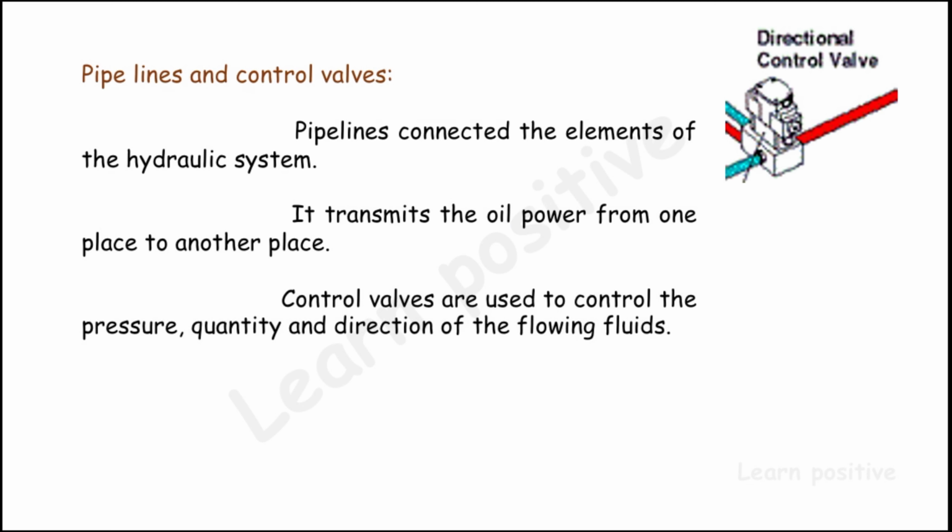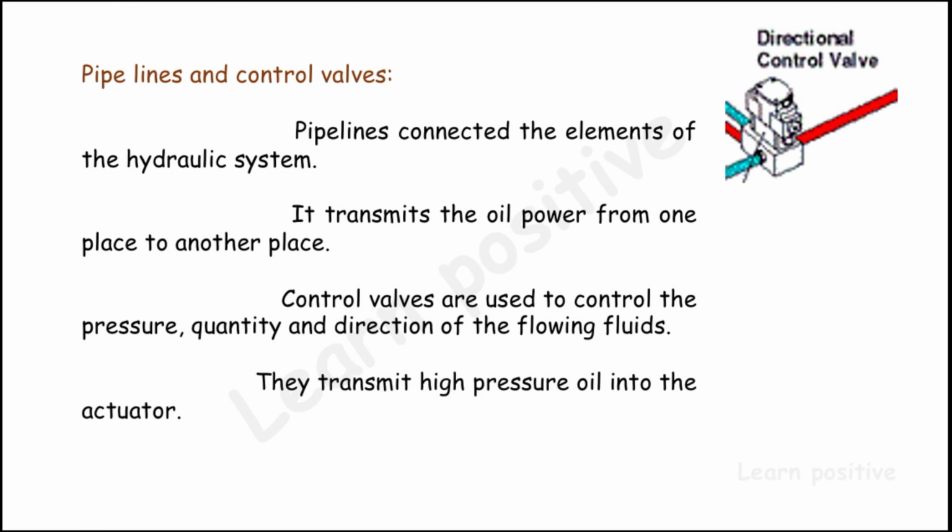We have two pipelines in the actuator now. One has to be the input, one has to be the output. So the direction valve controls which one is the inlet and which one is the outlet. They transmit high pressure oil into the actuator. I have given the live pneumatic direction control valve and hydraulic direction control valve here.